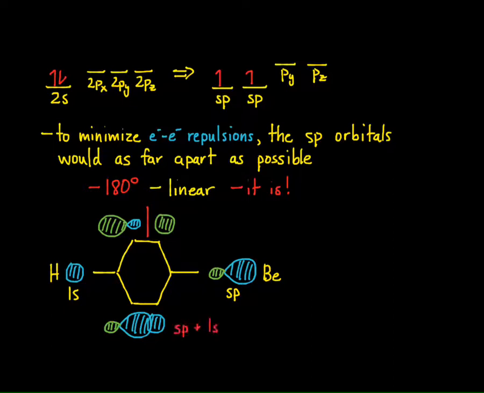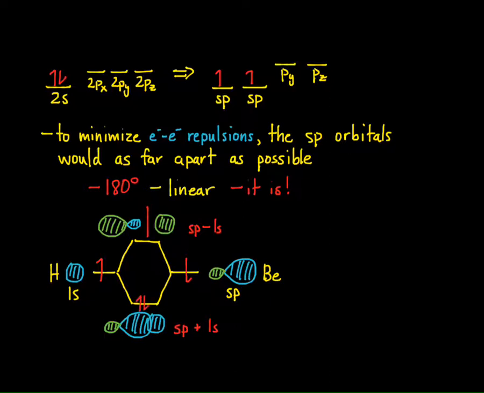Now, we call the bonding an sp plus a 1s and the anti-bonding an sp minus a 1s. But in reality, we don't necessarily call them those terms. What we call them are sigma bonds and sigma star bonds. So when we look at where the electrons are going to go, we have one electron from hydrogen, one electron from beryllium.